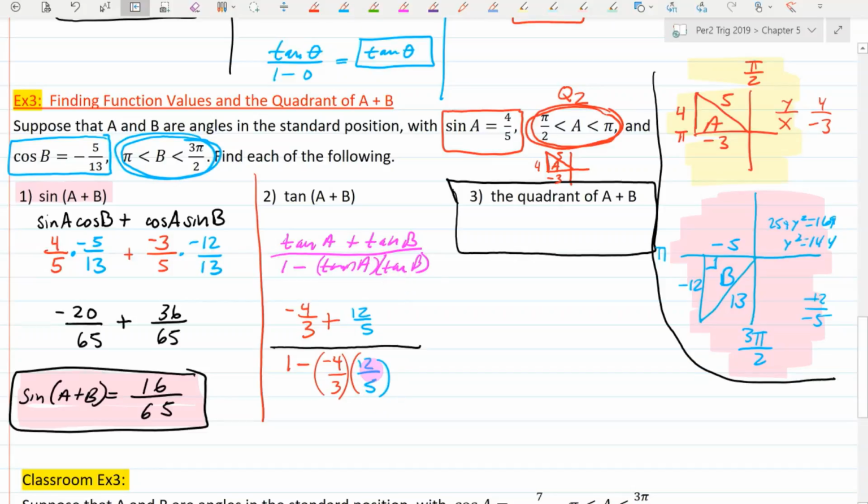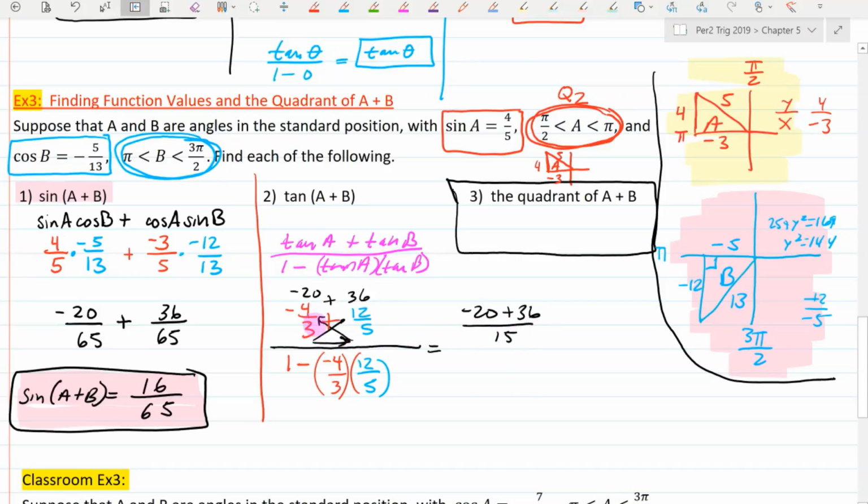So we use the same exact two numbers. So this looks like a mess, but it's going to actually simplify out pretty easily. Okay, so we're going to not multiply these by each other, but make the denominators 15 basically. So if the denominators here were 15, I would get negative 20 plus 36, and then at the denominator, it would be 15, right?